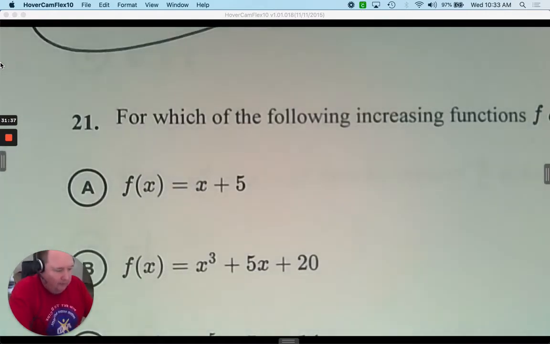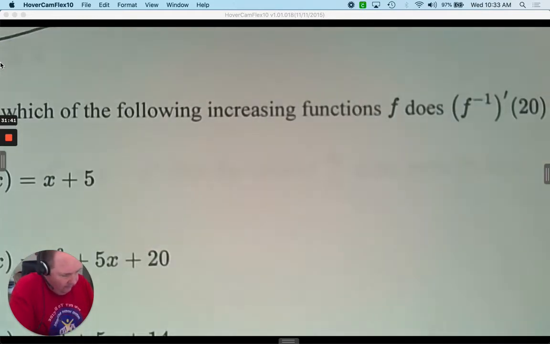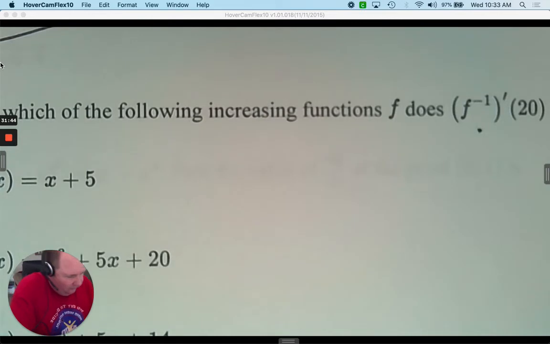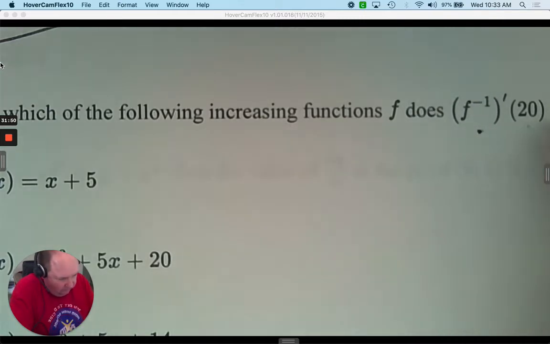All right, number 21. Which of the following increasing functions, again, that's a symbol for the inverse, has the derivative of the inverse at 20 equal to 1/5?